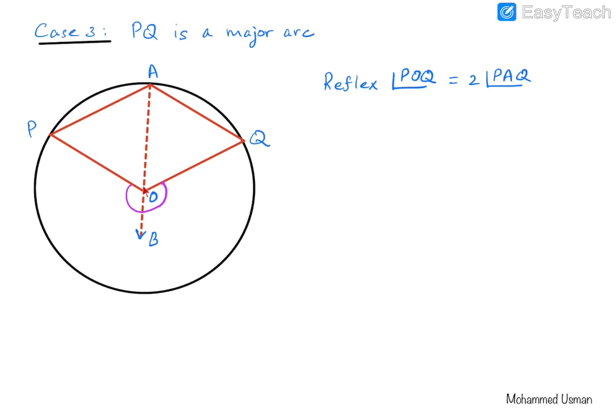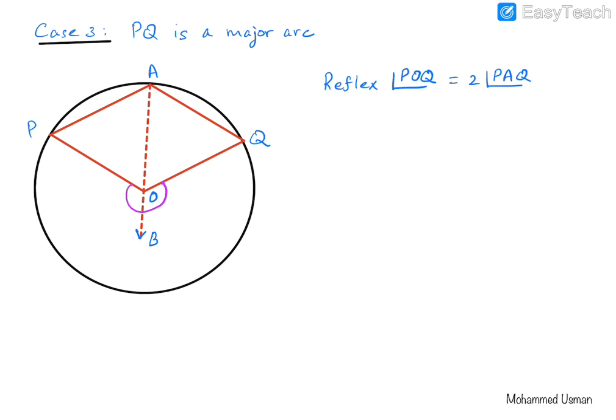And as per our theorem, the angle subtended at the center is 2 times the angle subtended at any other point on the remaining part of the circle. So PQ is our major arc. The angle subtended by the major arc at the center is the reflex angle POQ, and therefore the angle subtended at any other point on the circle is at any point A in this minor arc PQ.